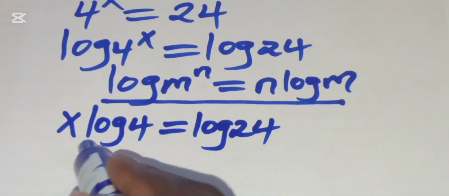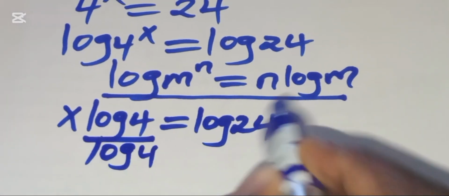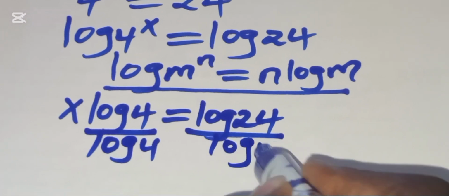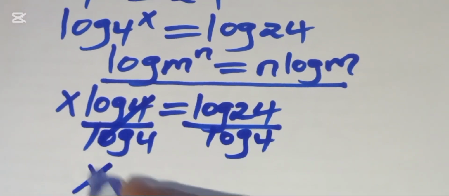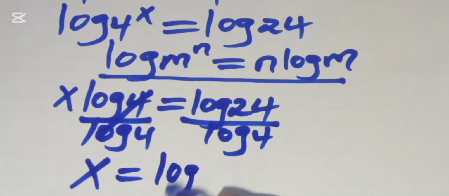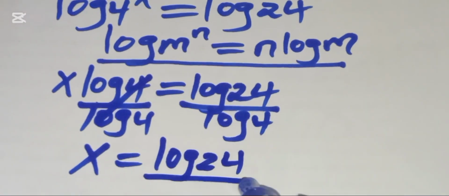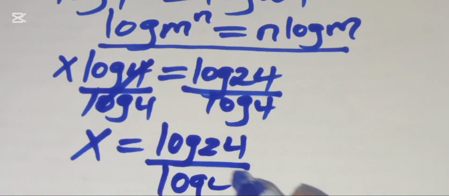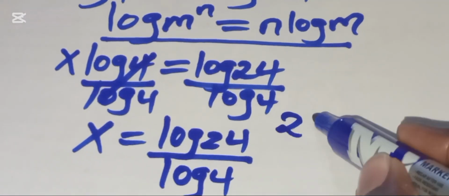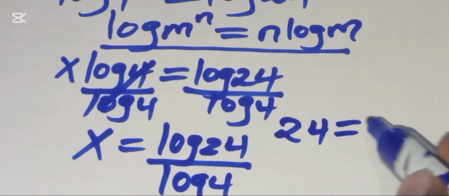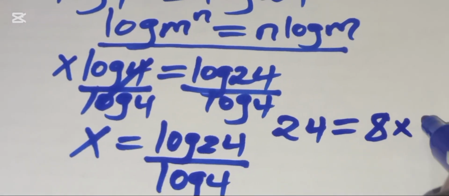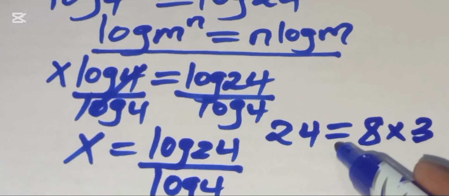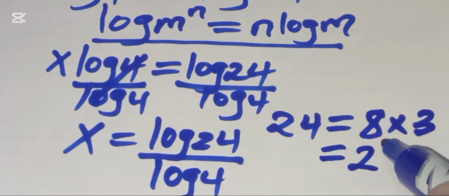So we divide both sides by log 4, so that x is equal to log 24 divided by log 4. Now 24 can be expressed as 8 multiplied by 3, and you can express 8 as 2 raised to power 3.